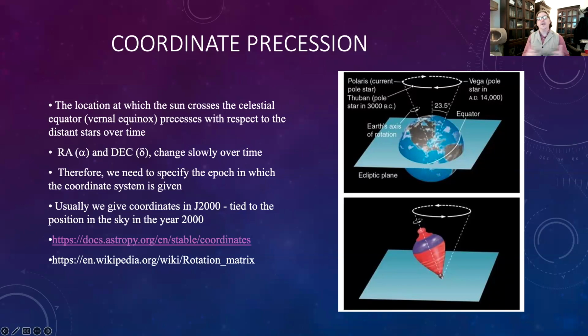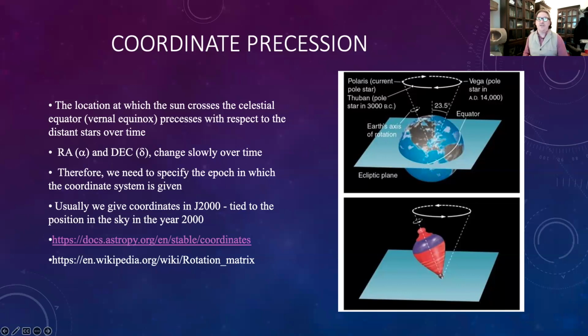If you were to go to an astronomical database like Simbad, what they will give you are effectively two epochs. They will give you the 1950 right ascension and declination, and then they will give you the epoch 2000 right ascension and declination.